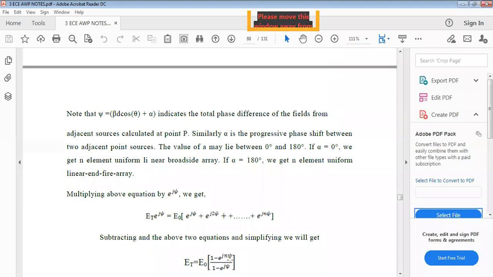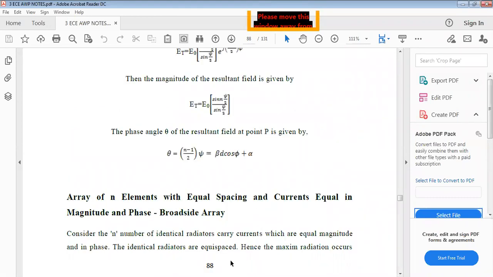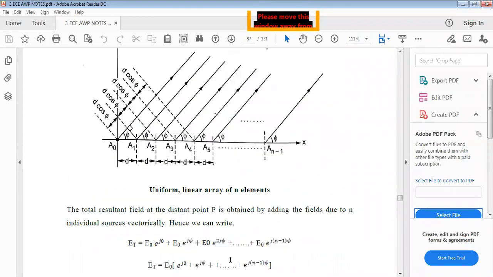Next, find the expression 1 minus cos n psi whole square plus sin n psi whole square. Similarly, the denominator term is also the same. Then you are able to directly find the expression.